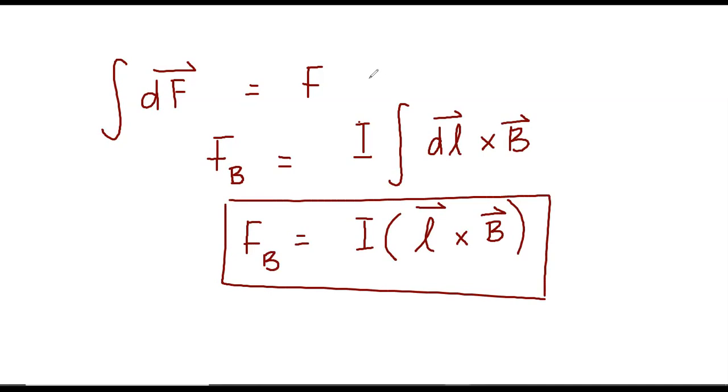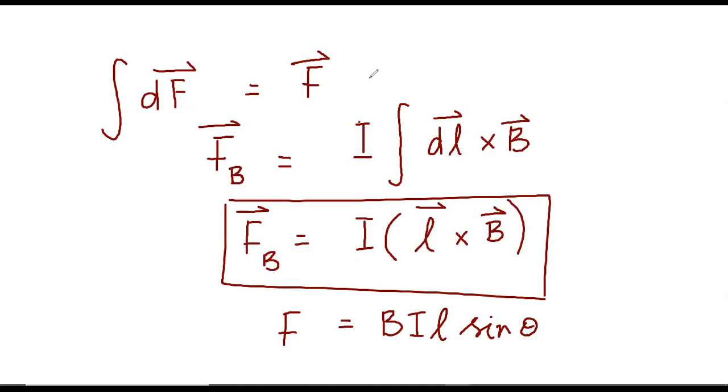If it is a single charge, then we wrote it as Q times V cross B. If it is a current carrying conductor, we are writing it as I times L cross B. So this is a vector. Let's not forget that this is a vector all through over here. So magnitude of the force F is going to be given by BIL sine theta, where theta becomes the angle between the line element and the field under consideration.